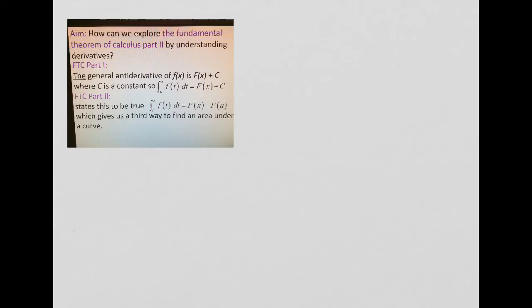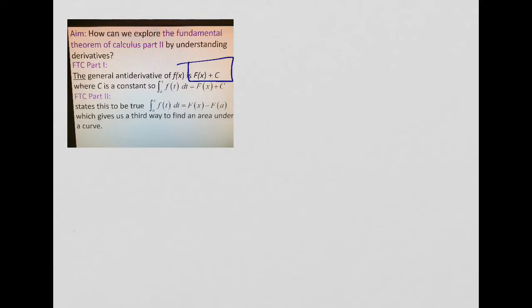All right, so when we went over FTC part 1, we talked about an antiderivative. So the general antiderivative, the one that we need to make sure we have written, is capital F of x plus c. So before we were just kind of saying f of x.